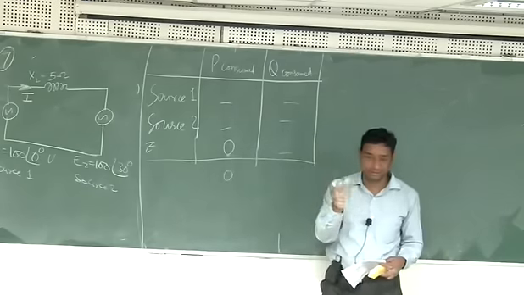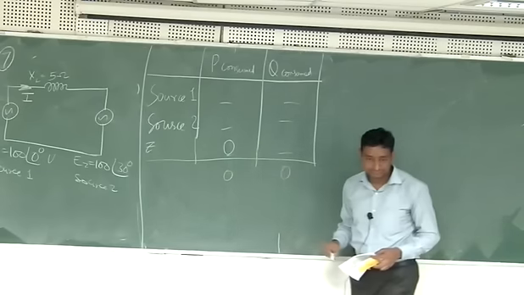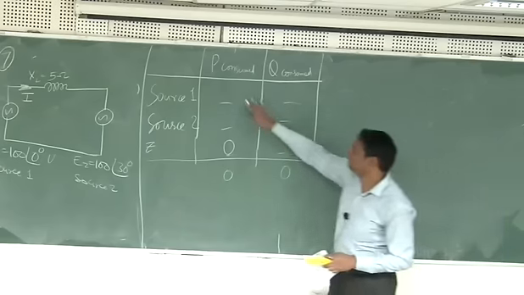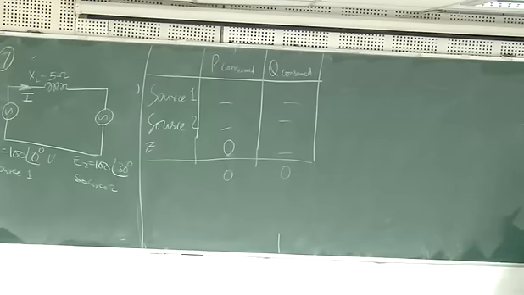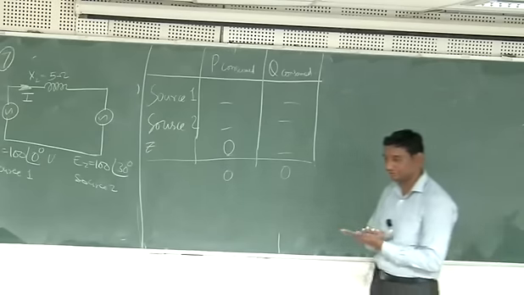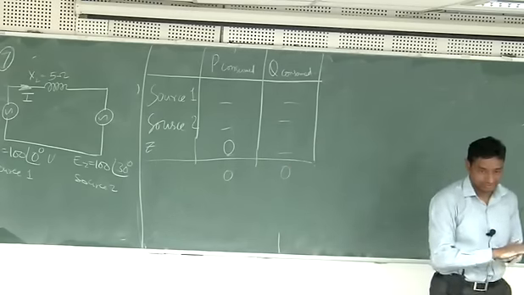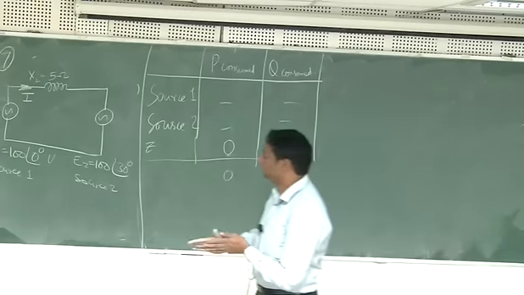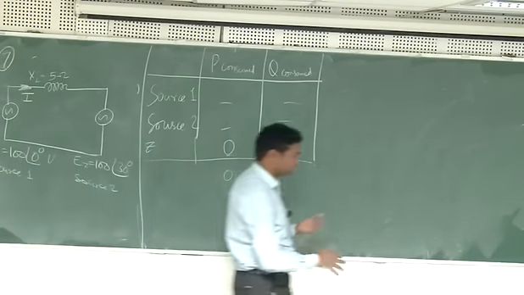Like if I do it with the proper plus minus signs, this also should come to 0. Okay. So the question is, what are these 5 numbers? So these are my directions of E1, E2, I, and so on.